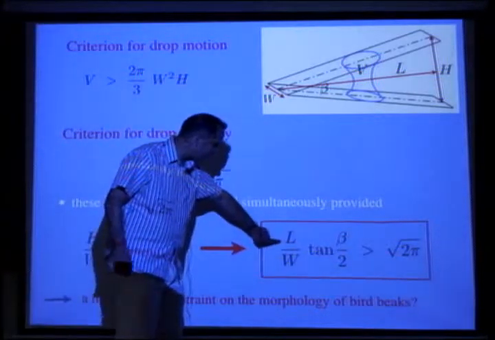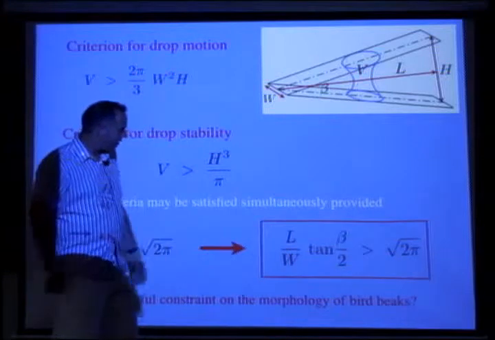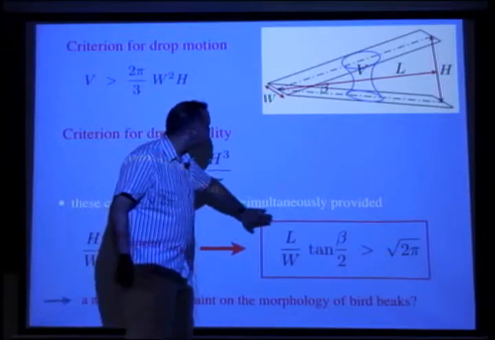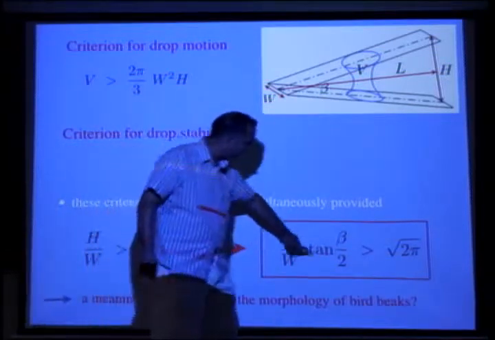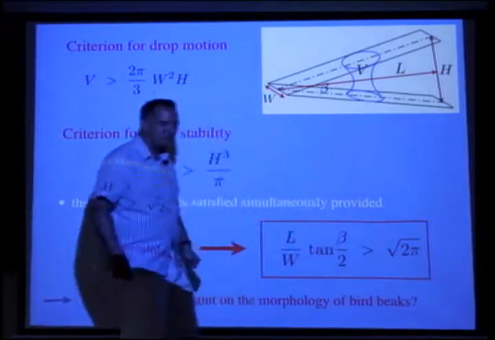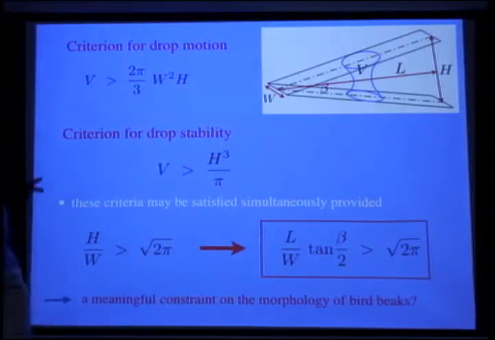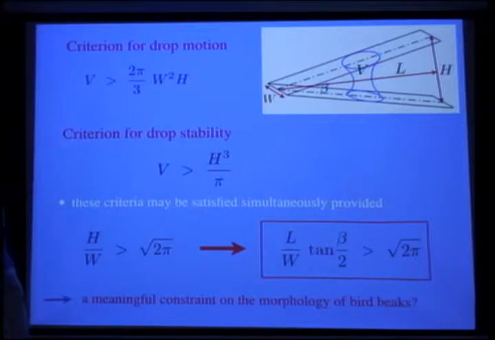It boils down to this: the beak has to be long and thin. The ratio of the length to the width times the tangent of the opening angle has to be greater than the square root of 2 pi. Which is kind of interesting, right? And I thought, that's why these birds all have very long, thin beaks.